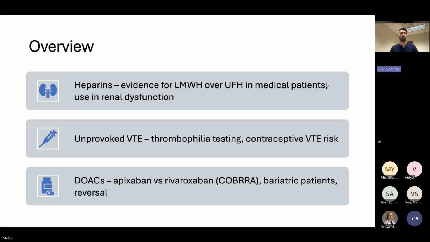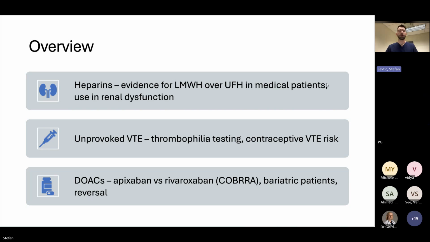And really the focus of the talk today, so I'll go through 3 cases. The first one will focus on the use of heparin, so evidence supporting low molecular weight heparin over unfractionated heparin, particularly in medical patients, as well as use in renal dysfunction, and really with the hope of convincing everyone that low molecular weight heparins should be the go-to choice in most situations.